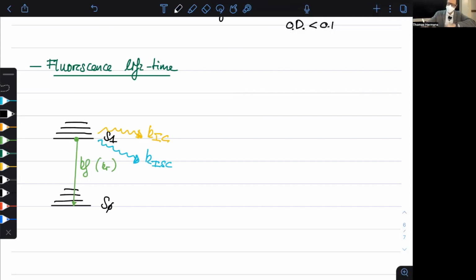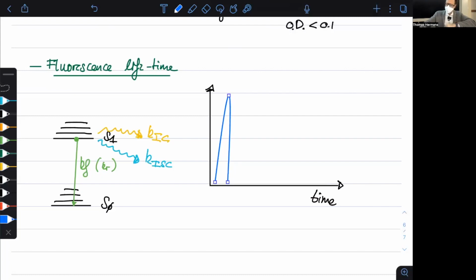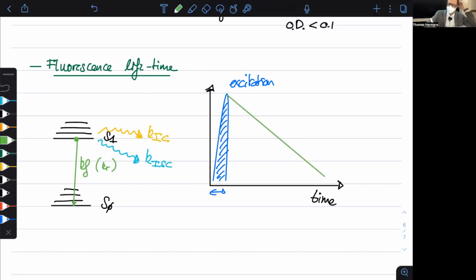So if you look as a function of time and I do my excitation, this will be very short, right? So I give a pulse of light, a very short pulse. I excite my molecules. What will the fluorescence do? Well, it will go down, not like that.